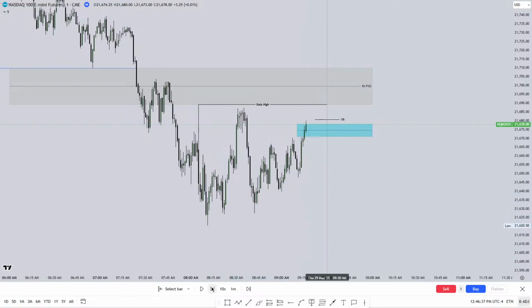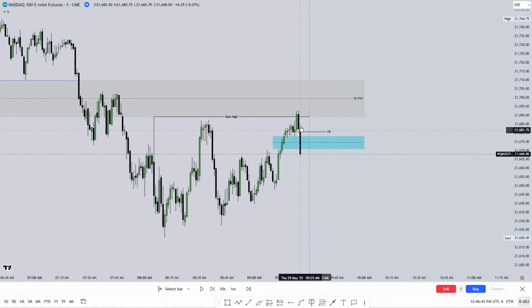But anyway, trade up into that data high right there prior to New York Open and start to see a really good move lower right here. So remember earlier when I said for New York Open at 9:30, I'm always looking for manipulation. What if the manipulation already happens prior to that?